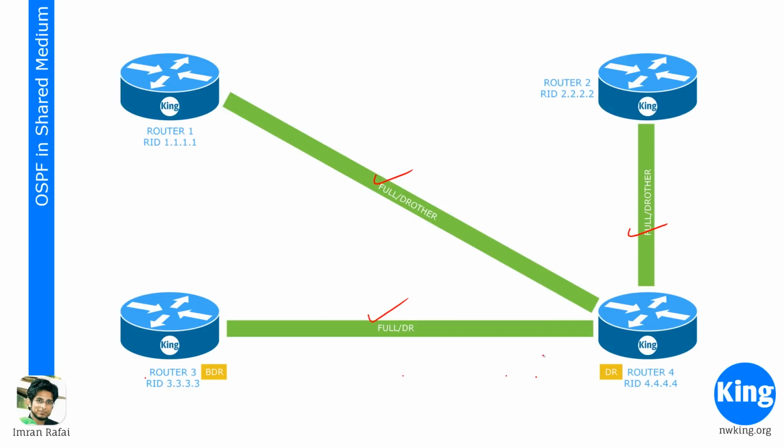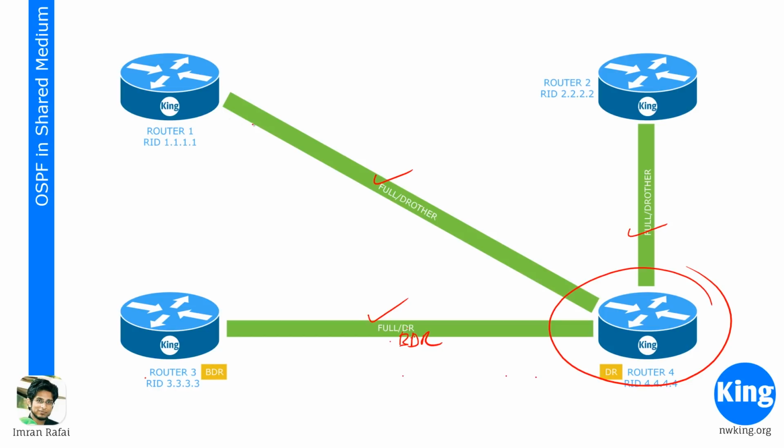So in this case, I think this is wrong. This should have been BDR. Okay, so we're talking with respect to router 4. From router 4, this is BDR. So it says full BDR, full DR, and other, because this router is known as DR other because it's not DR or BDR.